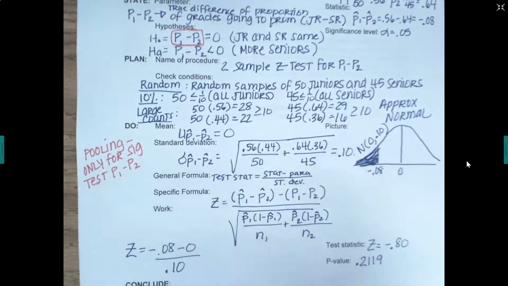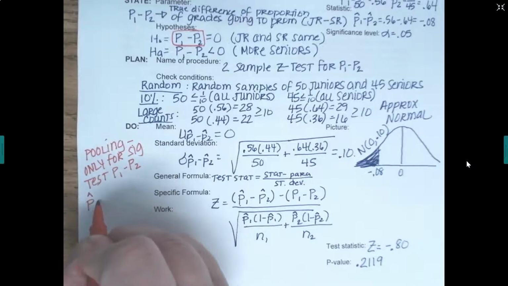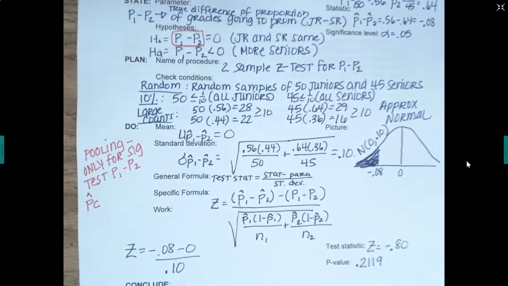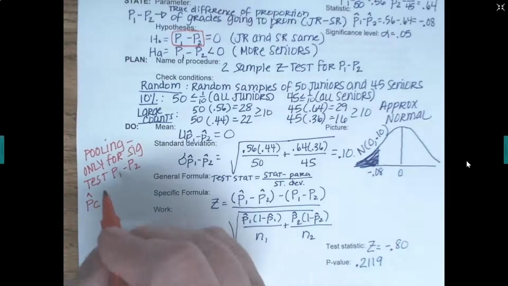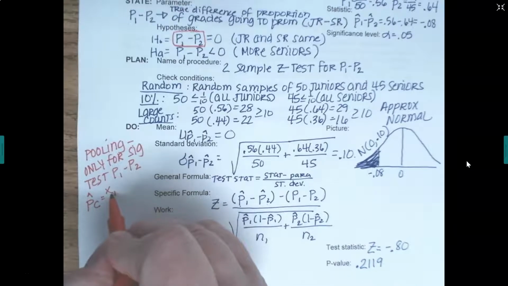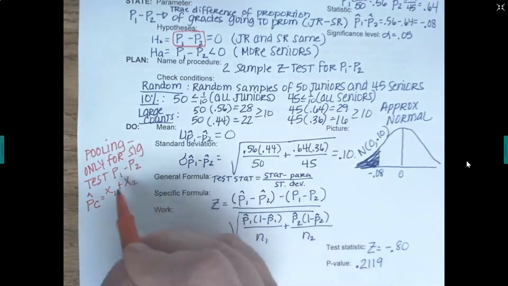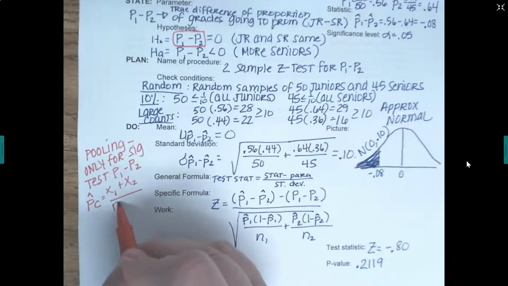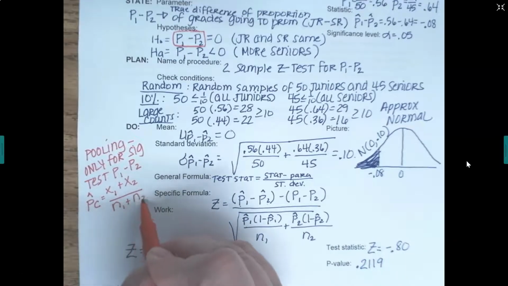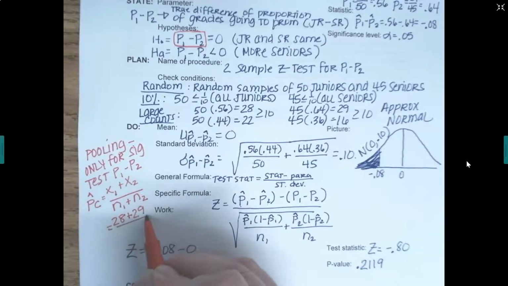Okay? And so what that looks like, here's the symbology for it. To find the pooled p-hat, that's what that is, you're going to take the value of the first one, like the number of people going to prom of juniors, plus the number of people going to prom of seniors, add those together, and divide by their sample sizes. So for this case, it looks like there were 28 juniors going and 29 seniors.